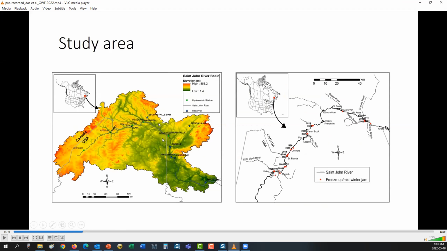We're going to concentrate more on the headwater part here, the larger part, or the natural flowing part upstream of Grand Falls. And key gauges that we have here, here's Grand Falls, and one would be Edmundston right here. And we also have a flow gauge here at Fort Kent, you can see over here.